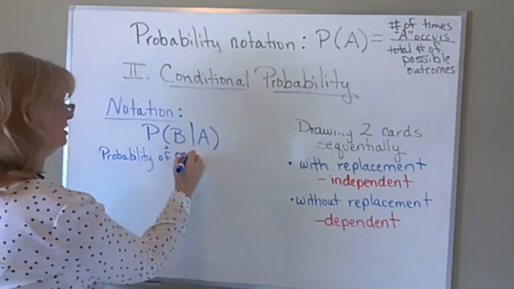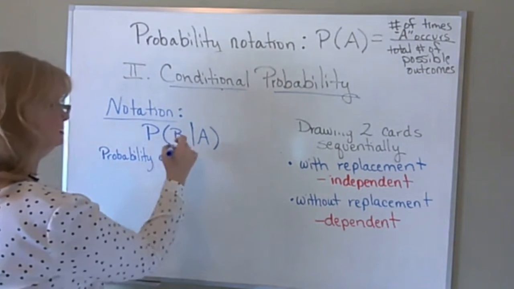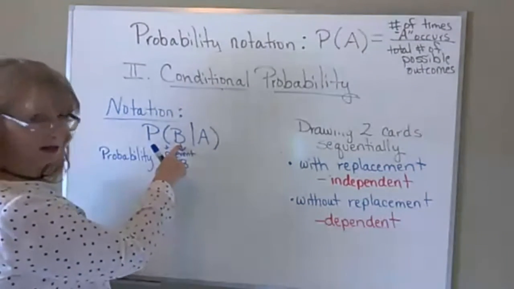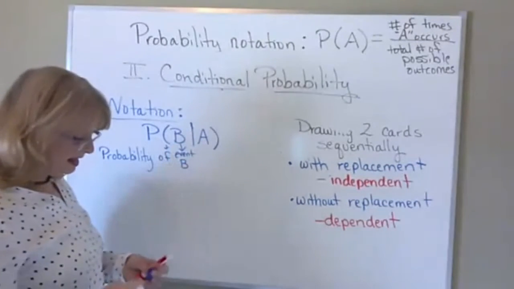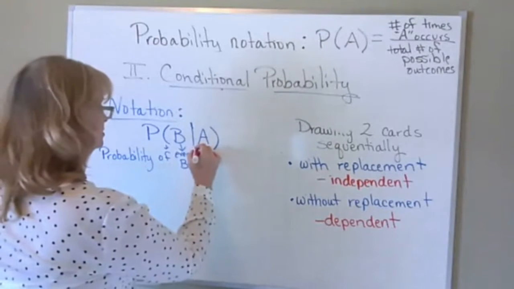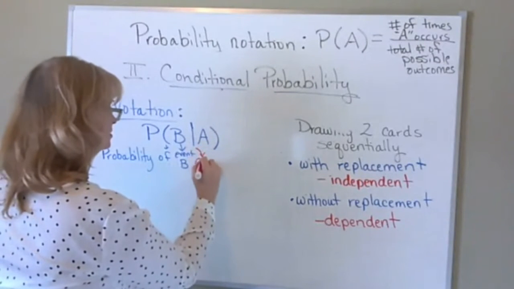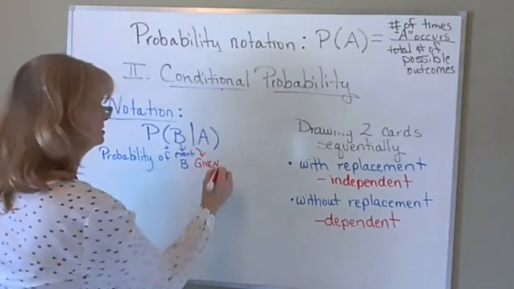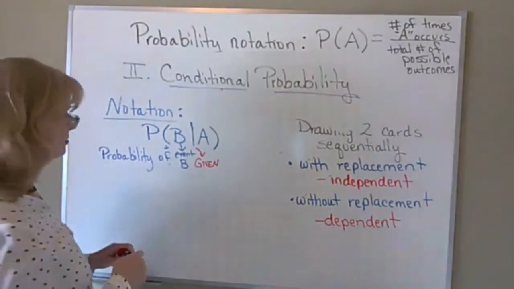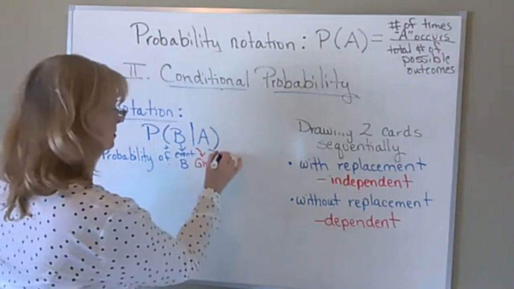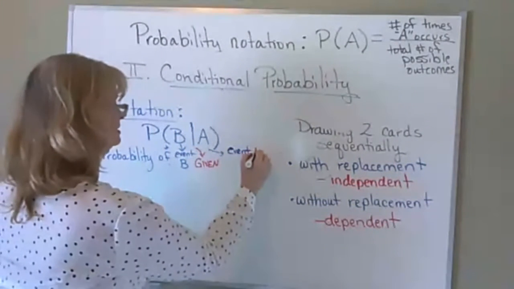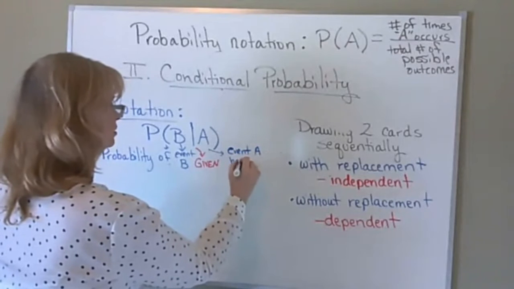Let's call that event B. So the probability of event B occurring, and then that straight bar represents the word given, event A has occurred.